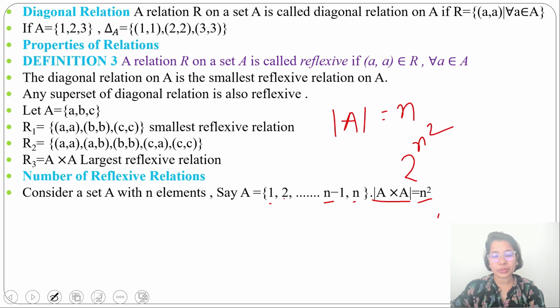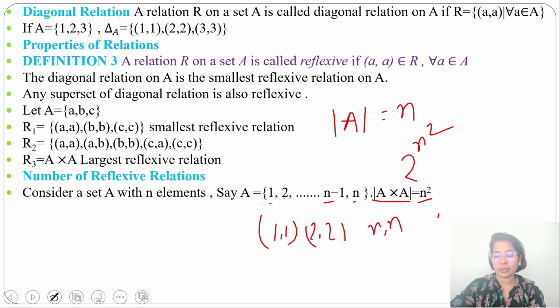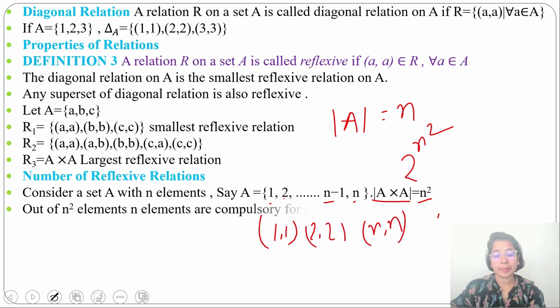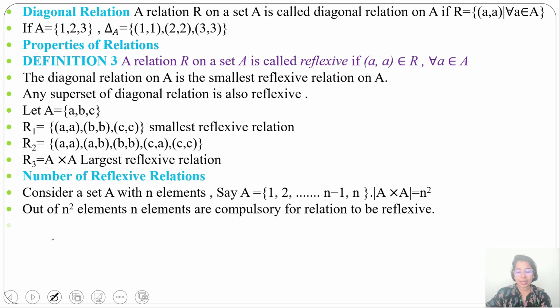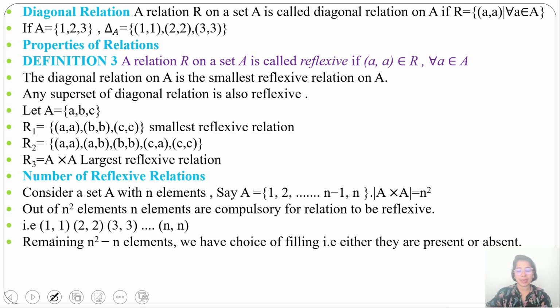From that n square, n elements are minimum, meaning (1,1), (2,2), ..., (n,n). These ordered pairs are compulsory for a relation to become reflexive, the diagonal relation. So from n square, n ordered pairs are minimum, so we have n square minus n choices to fill the rest.